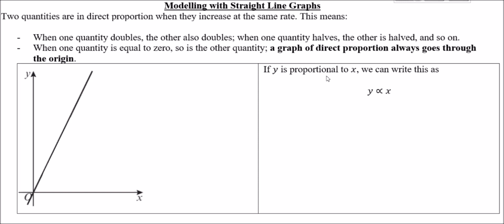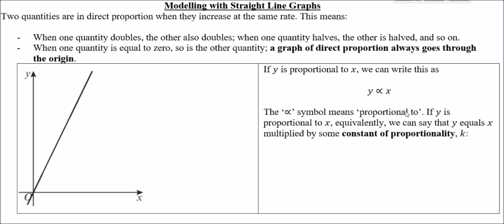If y is proportional to x, we can write this in mathematical shorthand as y, and this symbol here, which looks a bit like a fish, x. This symbol means proportional to. This is the proportional symbol. If y is proportional to x, equivalently, we can say that y equals x multiplied by some constant of proportionality, which is often called k.